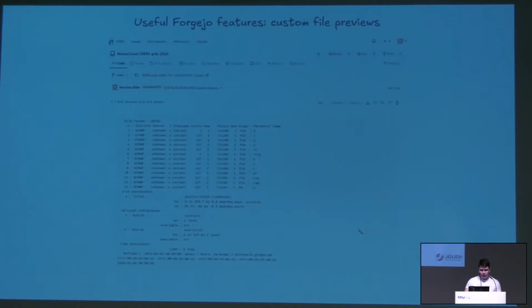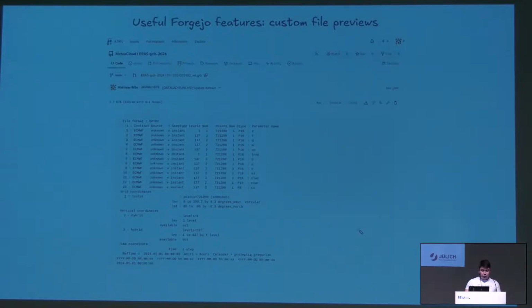We'll see. Another useful Forgejo feature, we've seen that in the beginning when I showed you this CMIP input project. You can customize how your Forgejo instance visualizes individual data types. In this case, the script files, which contain gridded or not necessarily gridded data, it's often used for atmospheric data.